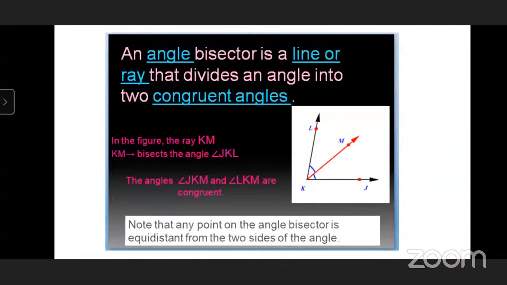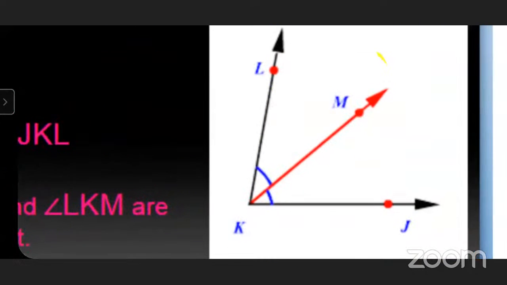As you see on the screen, the definition of an angle bisector is a line or ray that divides an angle into two congruent angles. As you see in the diagram, angle LKJ is present, and in that, KM is the angle bisector.